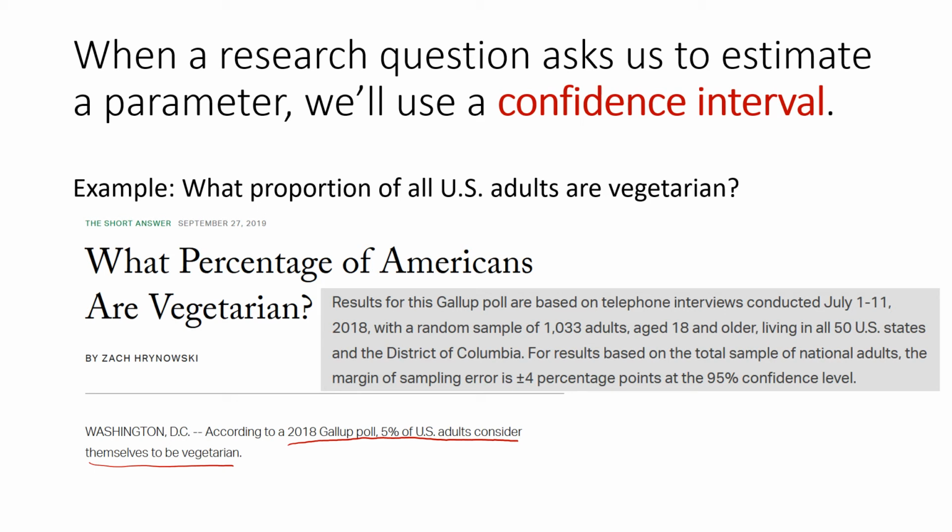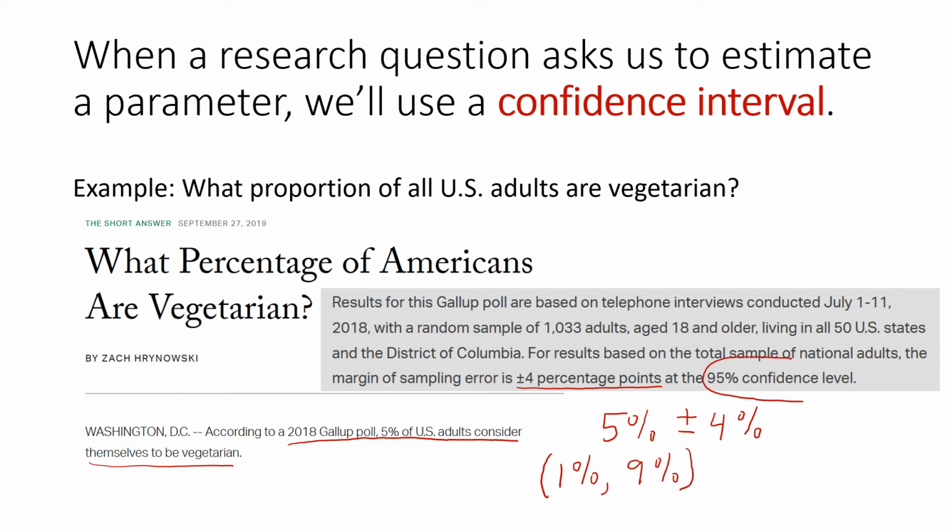For results based on the total sample of national adults, the margin of sampling error is plus or minus 4 percentage points. So thinking about this in terms of an interval, 5% plus or minus 4 percentage points would give us an interval that goes from 1% up to 9%.